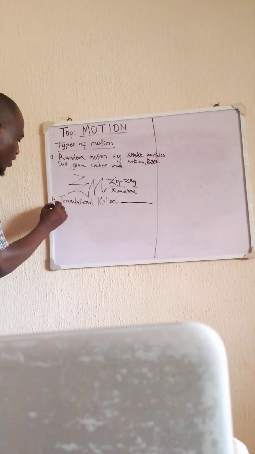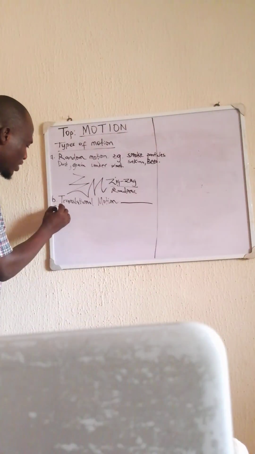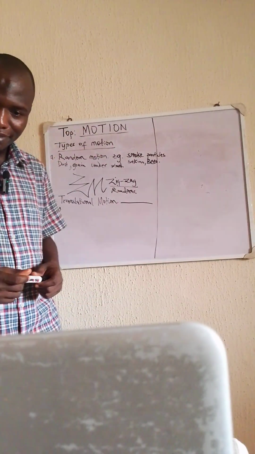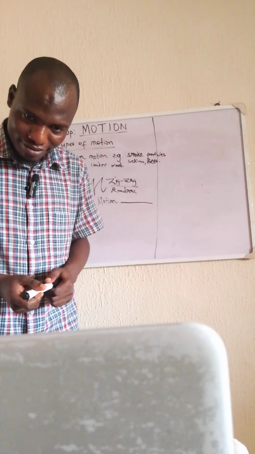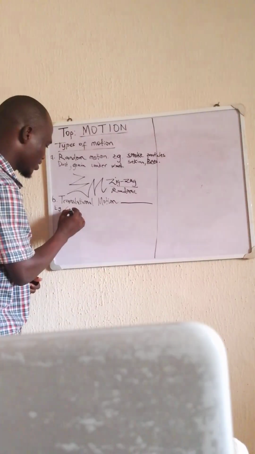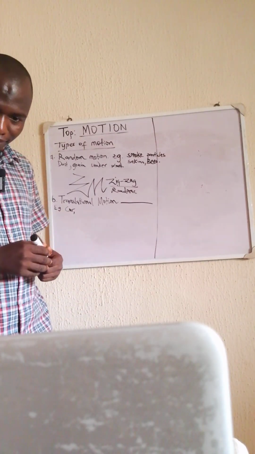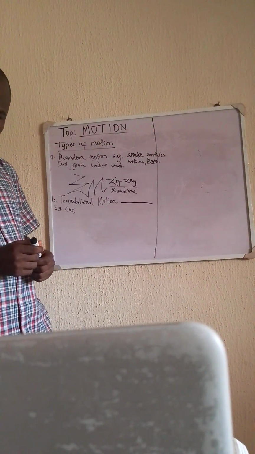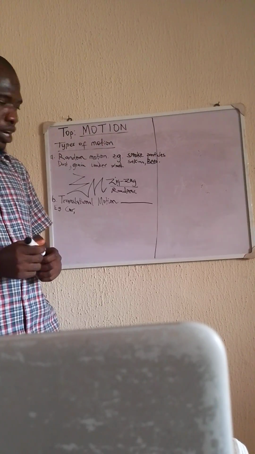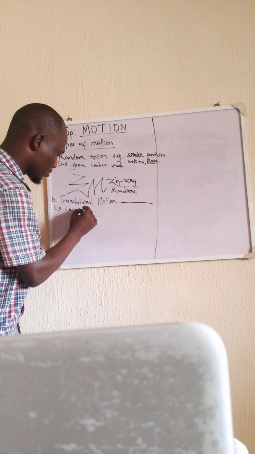So let us look at examples of objects undergoing translational motion. Can you give me any example? Car. Lorry.